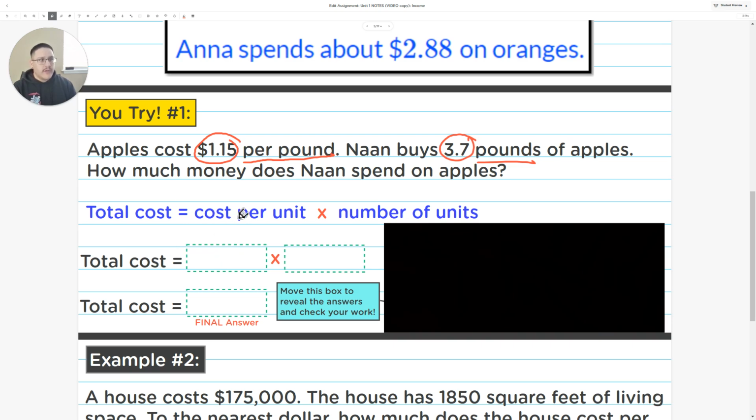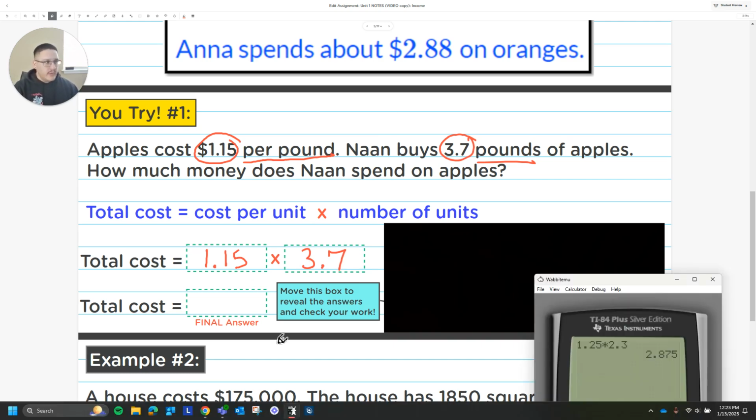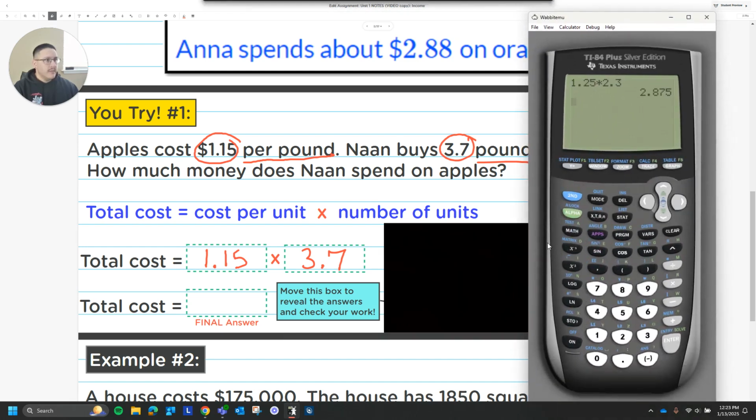Well, the total cost is the cost per unit times the number of units. The cost per unit is $1.15 per pound. The number of units is 3.7 pounds. So, in order to figure out how much total money she spent, we need to multiply the two numbers. So 1.15 times 3.7 is 4.255.